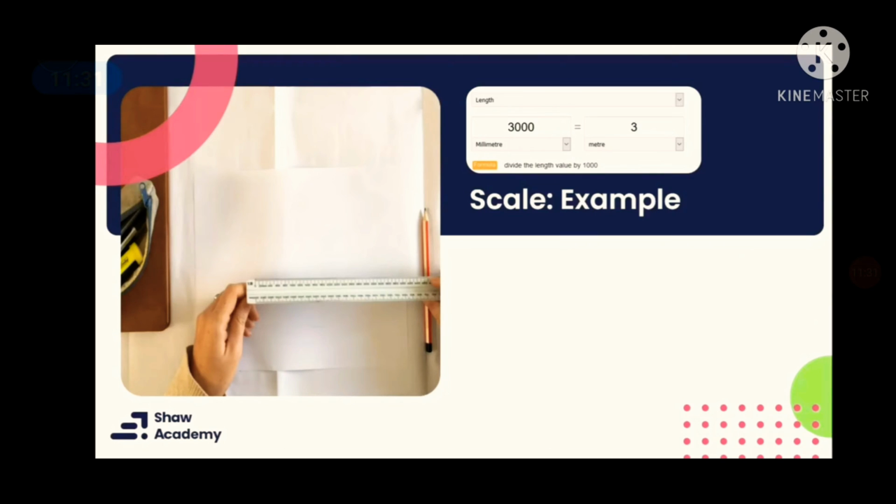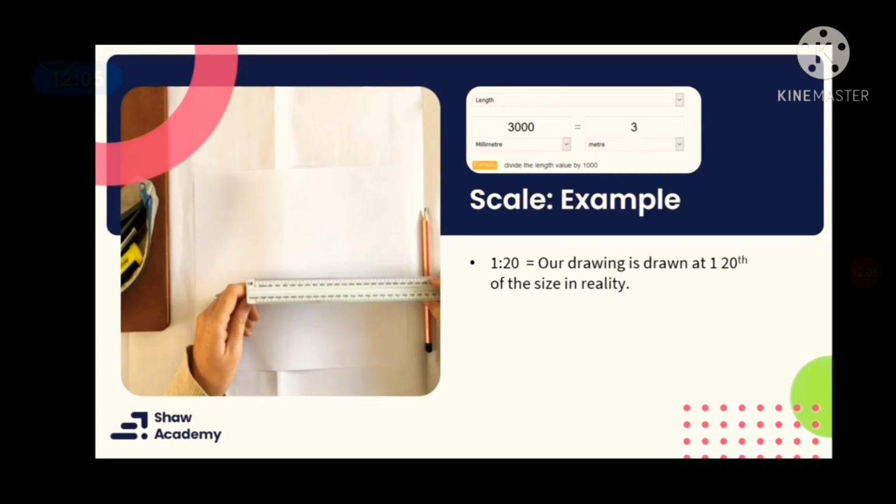So let's put this to the test by looking at an example. You will notice that there are ratio marks at the far end of your scale ruler. You may see 1:10, 1:20, 1:1, or even 1:5. The first value is indicative of the value in reality, and the second value indicates what ratio your drawing has been drawn at. The first value is reality, and the second is the ratio.